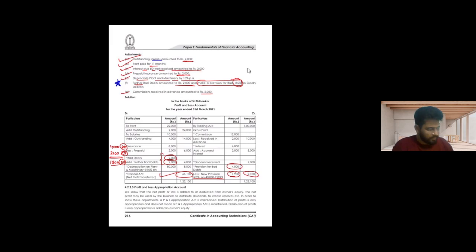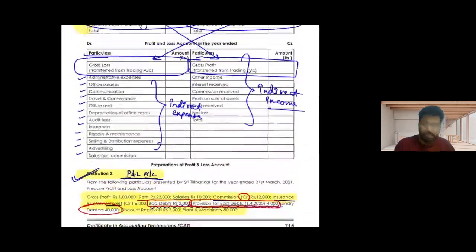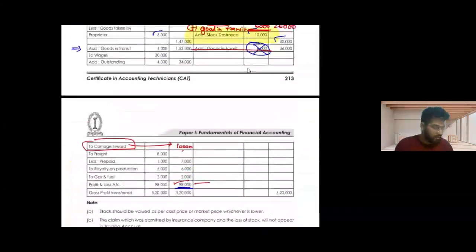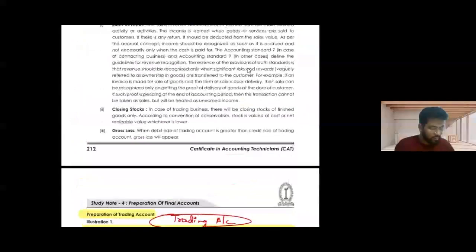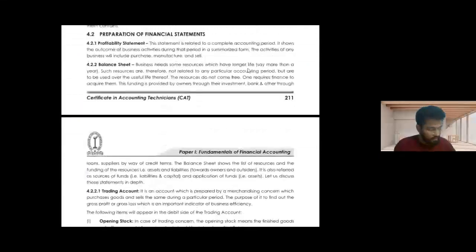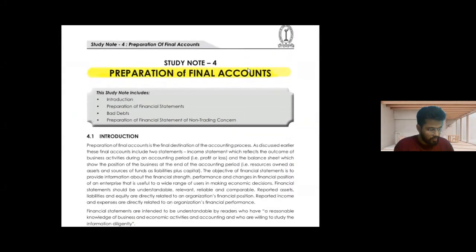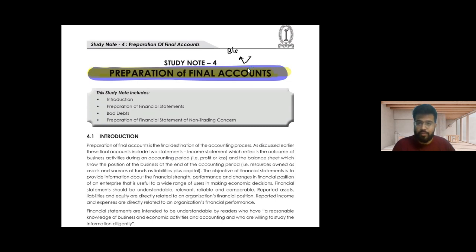Okay, that's great. So in the last class, we started with one of the very important topics of your accounts, and I would say that this is the most critical topic of your whole syllabus. That is the preparation of your final accounts. What do you mean by the final accounts? Those include your balance sheet, profit and loss account, and obviously the trial balance is sometimes prepared, sometimes we need to prepare.